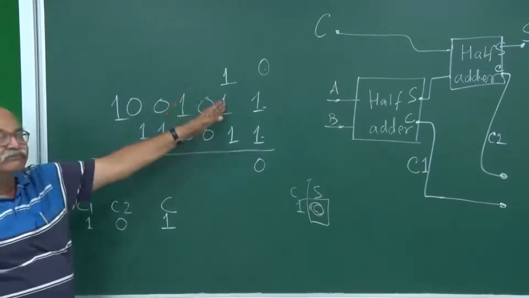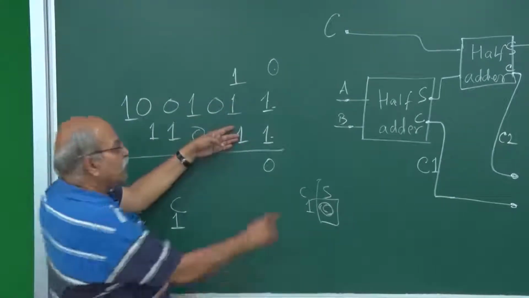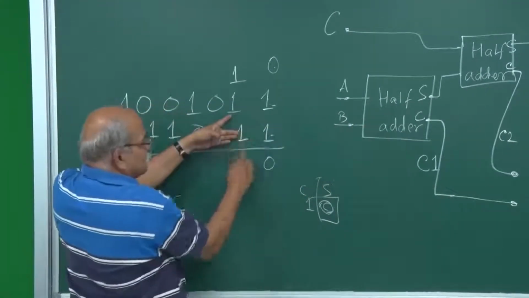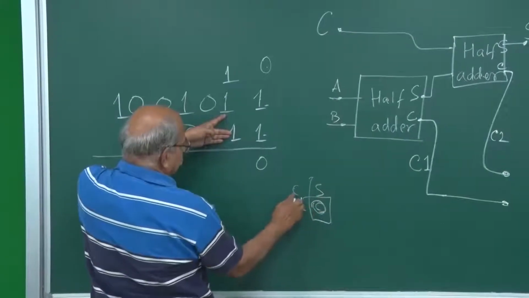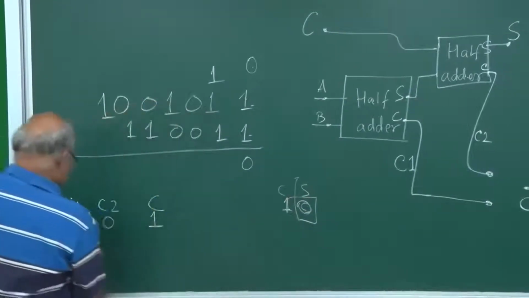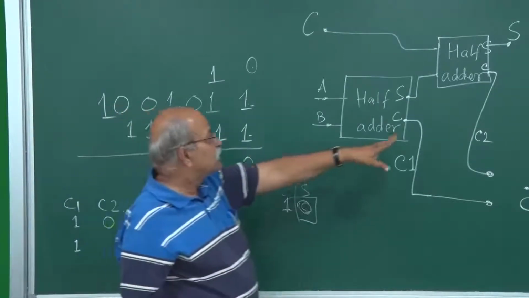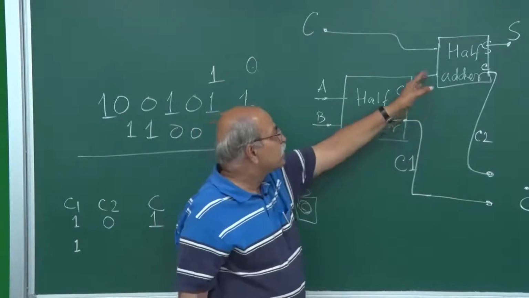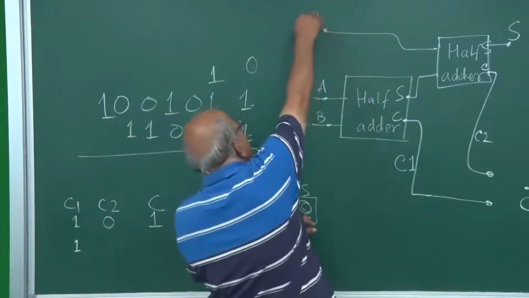Next comes this column. A, B, AB. When you half add, once again you get sum as 0 and carry as 1. So C1 is once again 1. And what is C2? The sum here is 0. And what is this initial carry?